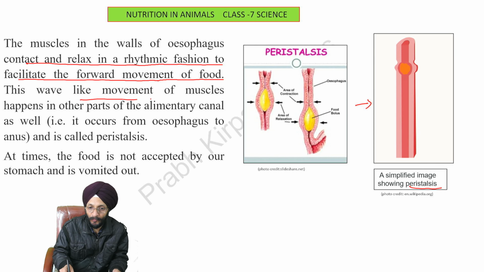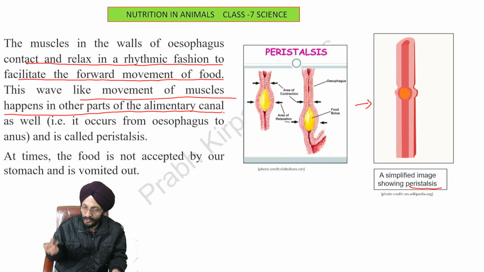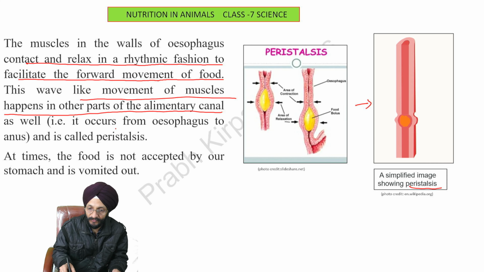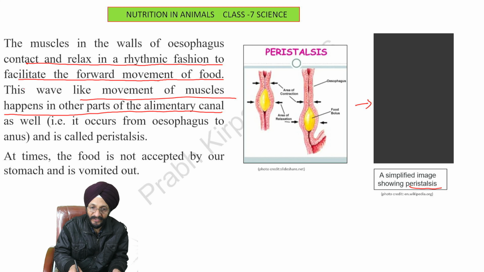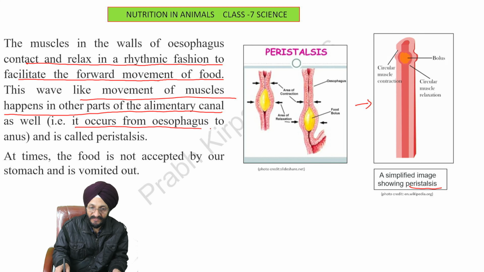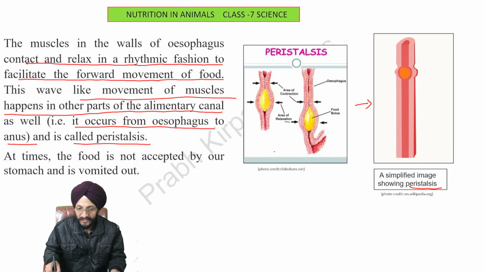This wave-like movement of muscles happens not only in esophagus but also in other parts of the digestive tract or alimentary canal. That is, it occurs from esophagus to anus, and this process is called peristalsis. You can see when the food is taken, passes through the esophagus, the area of muscles which is above the food contracts and the next portion relaxes.